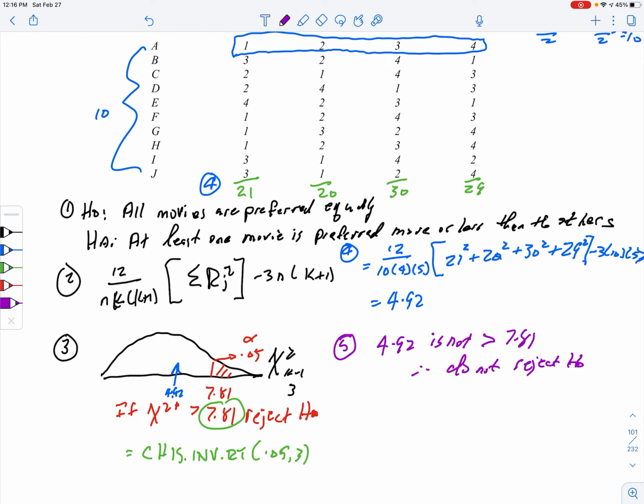And then over here, your p-value is going to be, sorry, that should be chi-square, there we go, CHISQ.DIST.RT of 4.923, and that actually comes out to about 18%. So that 18% is greater than 5%, and so you would not reject H0.